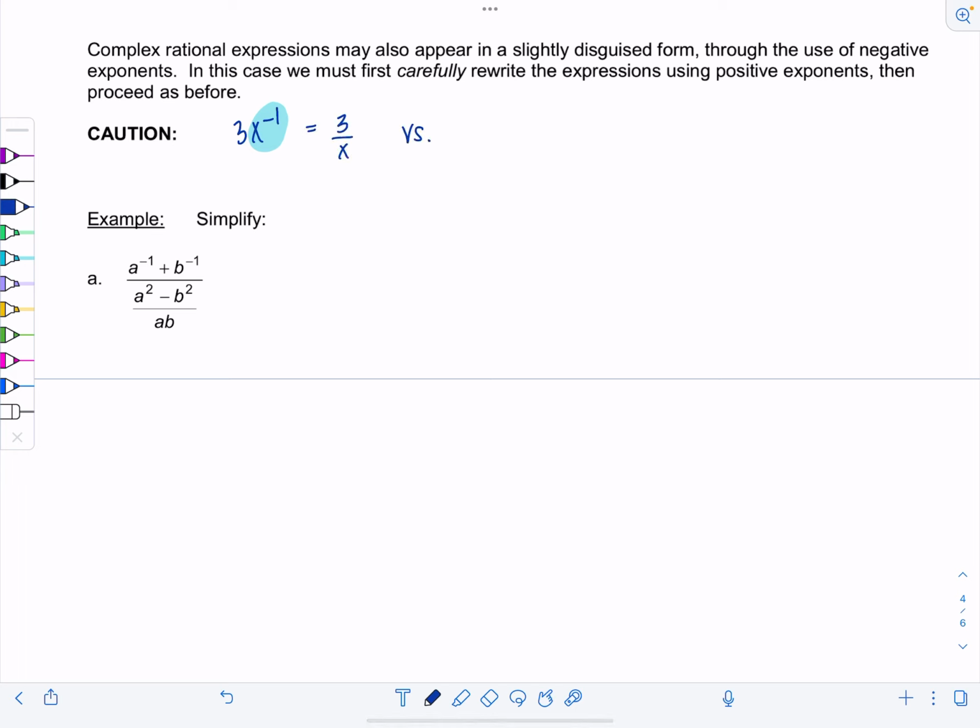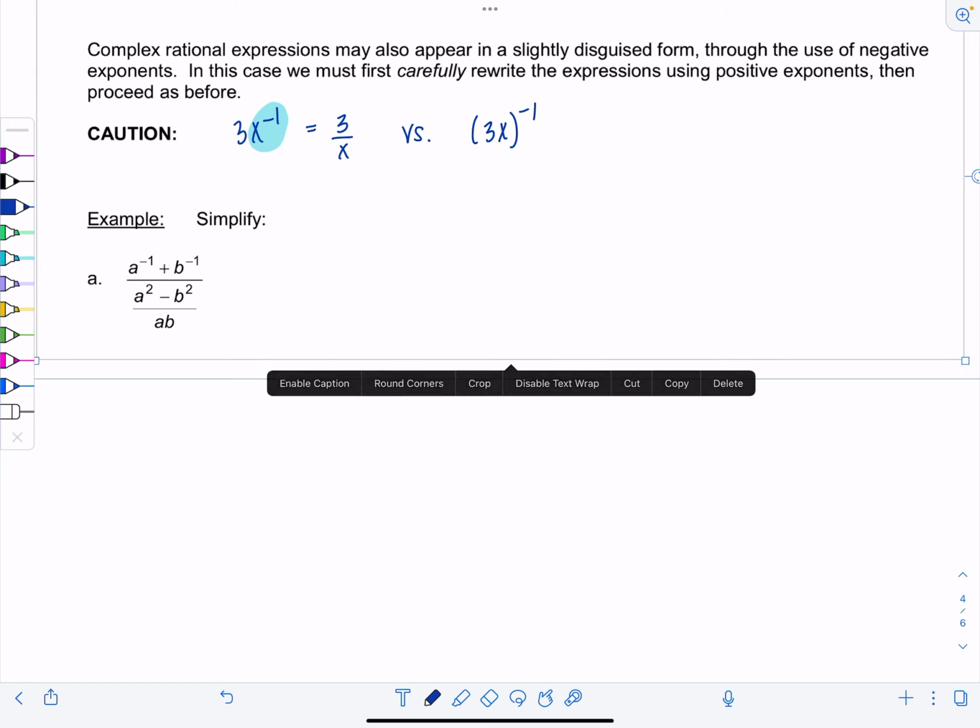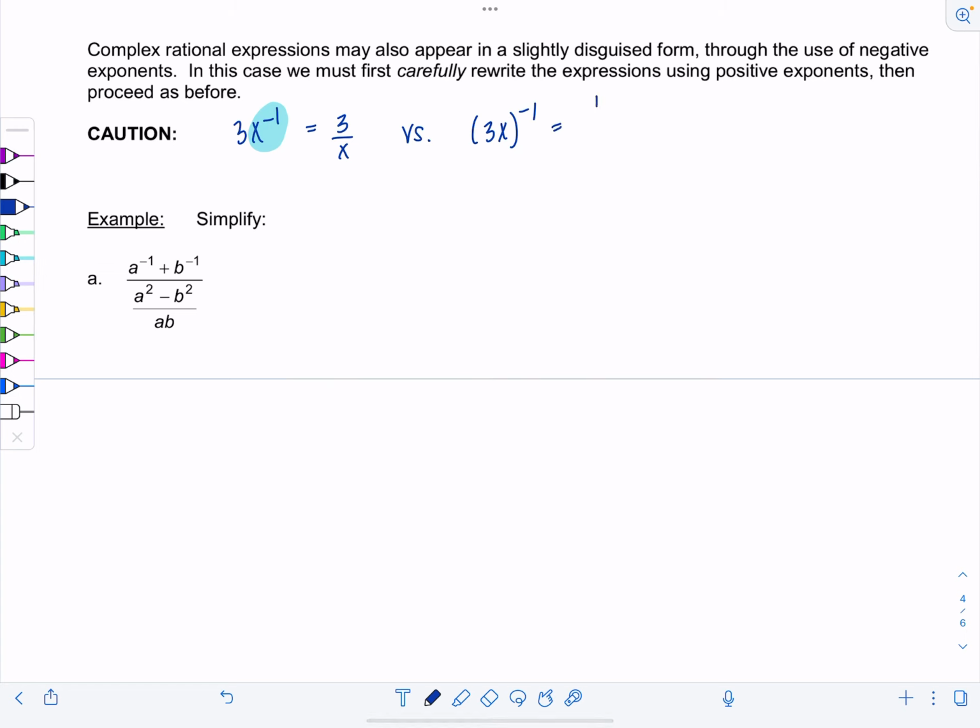But if you had 3x in parentheses like this raised to the negative first, then you would rewrite that as 1 over 3x, because the parentheses means that negative 1 exponent applies to both the 3 and the x. Do you see the difference? Okay, good. So we're going to have to do that now in the next example where we simplify.